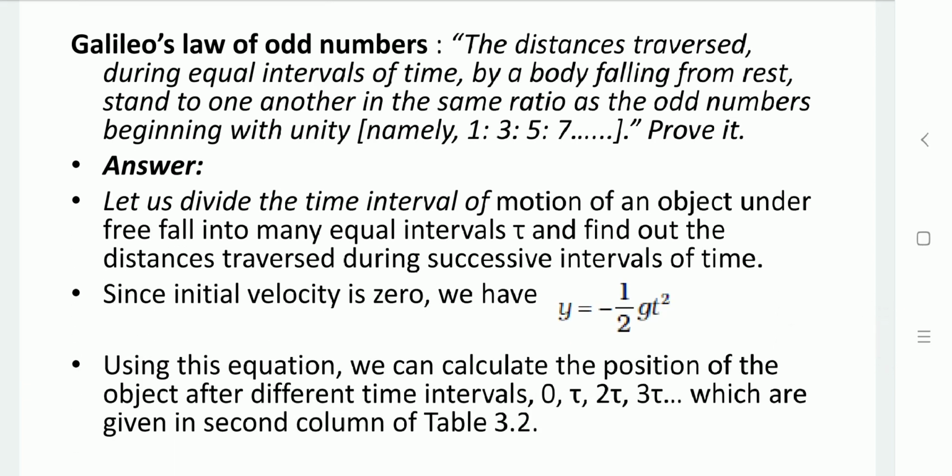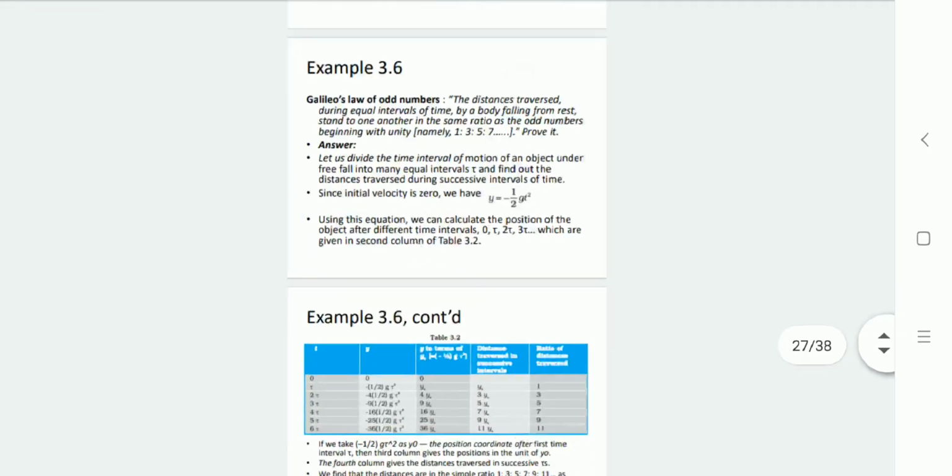Using this equation, we are going to calculate the position of the object at 0, tau, 2 tau, 3 tau. And here, by placing these values of t as 0, tau, 2 tau and 3 tau in that equation, let us calculate these values.